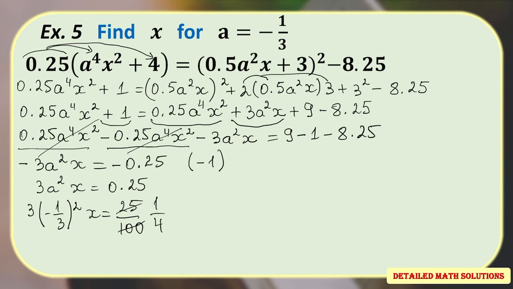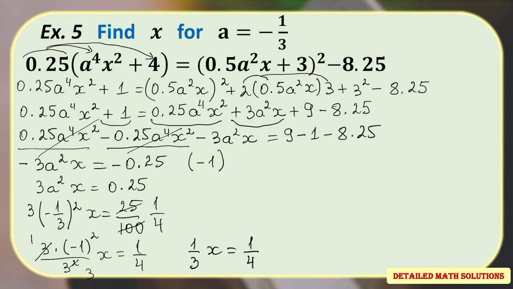Next, I need to square negative 1/3, and that's why I get 3 multiplied by negative 1 squared over 3 squared, x equals 1/4. And when I simplify further and reduce, negative 1 squared is 1, so my equation becomes 1/3 x equals 1/4.